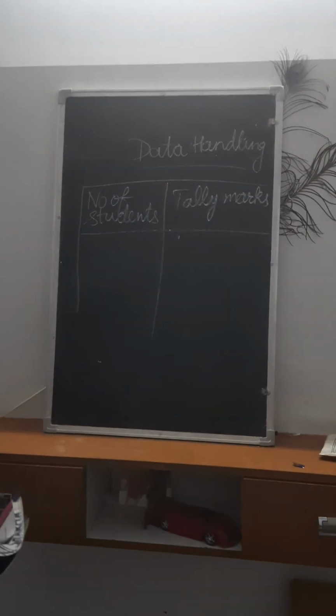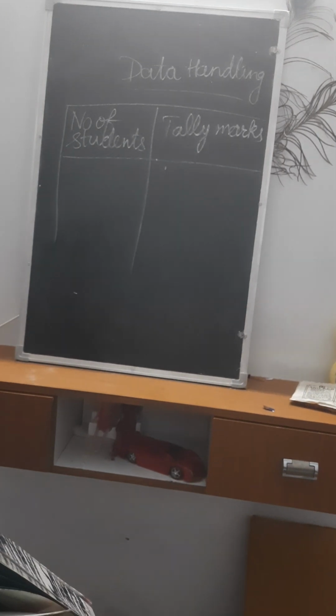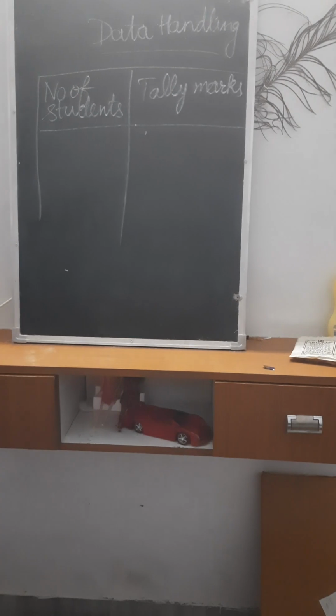First of all, number of students: there are the marks which are obtained by 40 students. So we will see how many marks were obtained by the 40 students. We will be arranging them in sequence. So let us see how we will be solving the sum.